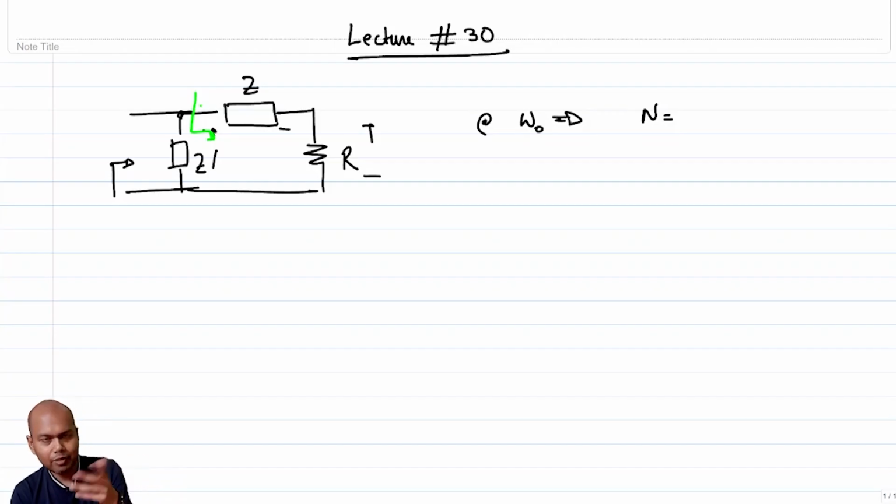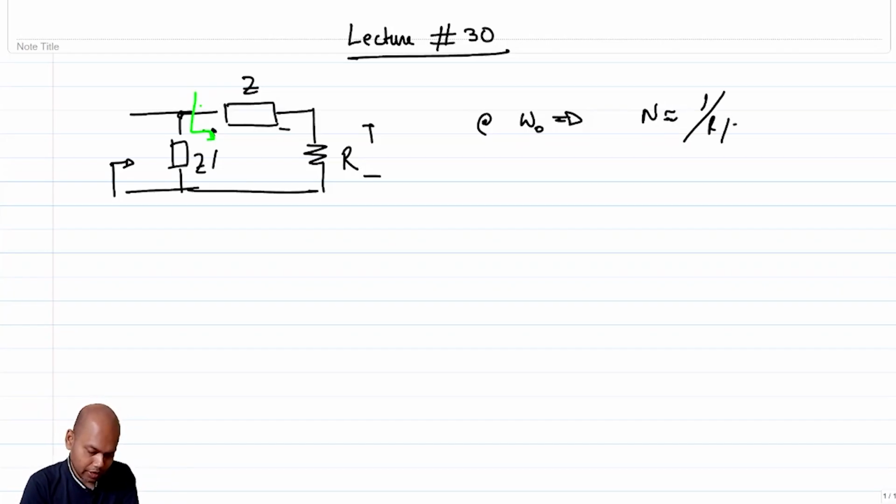And if I neglect that plus one term, this N is approximately equal to Z by R, so basically 1 over R by mod Z. That typically is the transformation ratio.